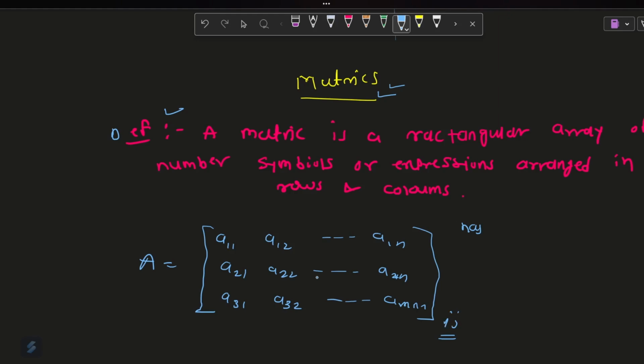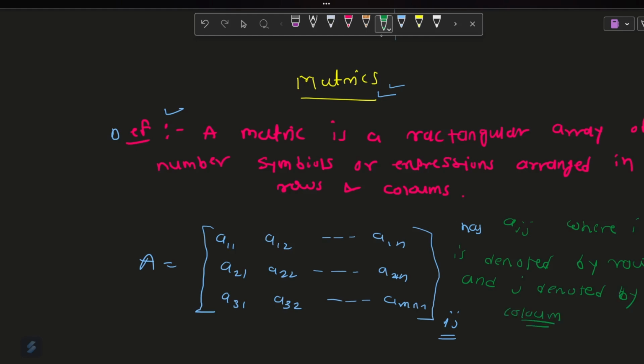What is ij? It is basically a concept where i is denoted by the row and j is denoted by the column.